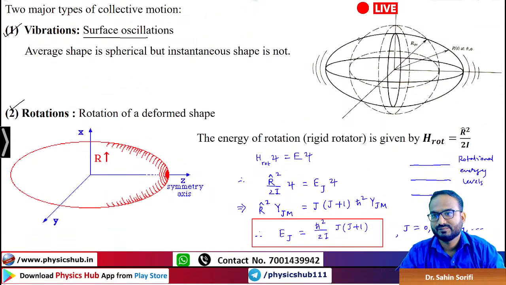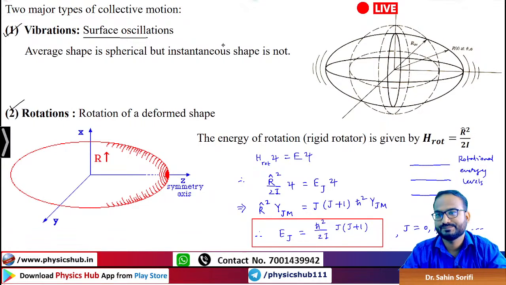It maintains the average spherical shape, but it also makes elliptical, or actually in 3D ellipsoidal, shapes. This is termed as surface oscillations. The surface is not maintaining its shape; it is oscillating and making different kinds of shape. So it is shape oscillations.